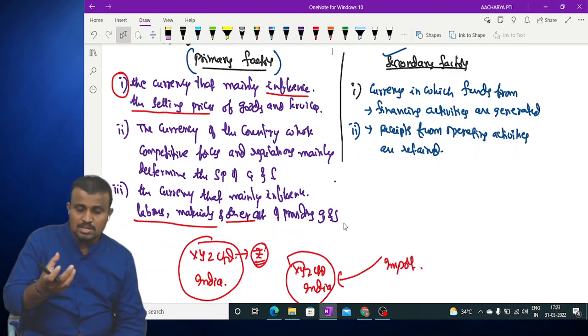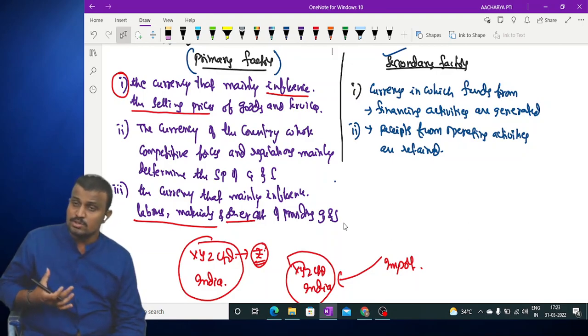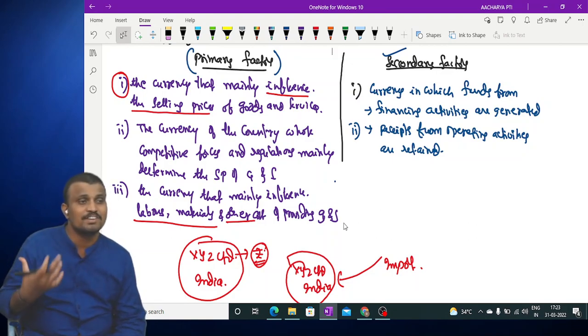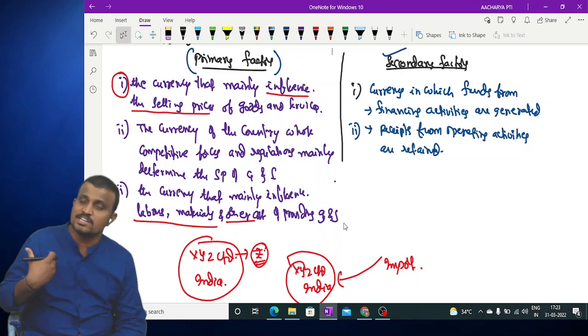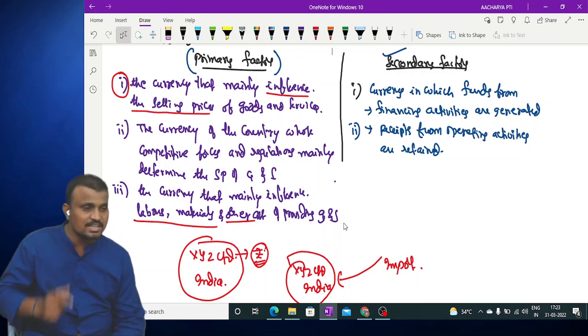Some sales are generated from the USA, some from the UK, some from India, some from another country. So here sales are denominated in different currencies. Then how can we decide which currency is treated as the functional currency in that case?